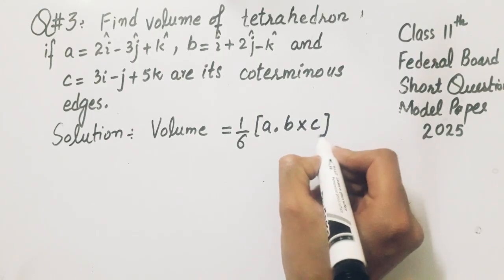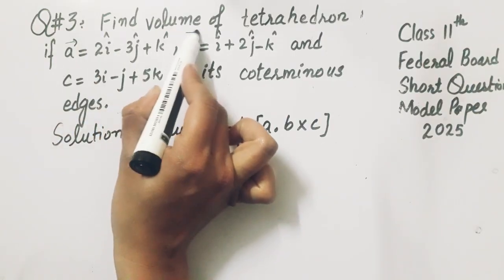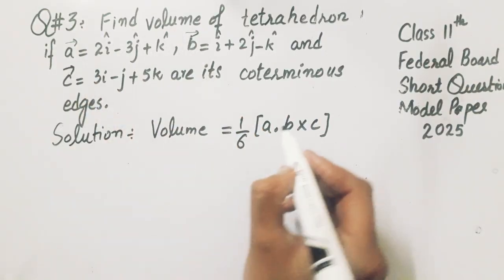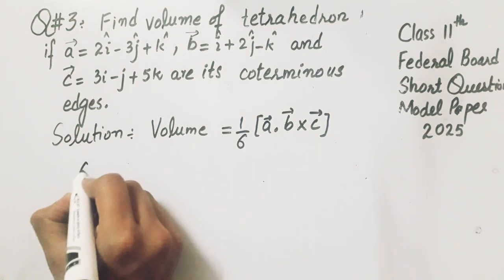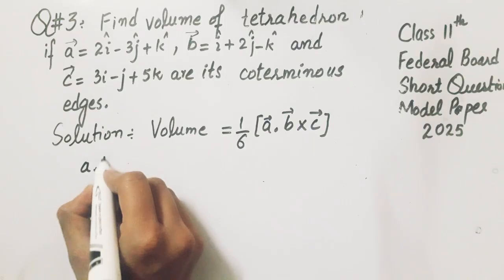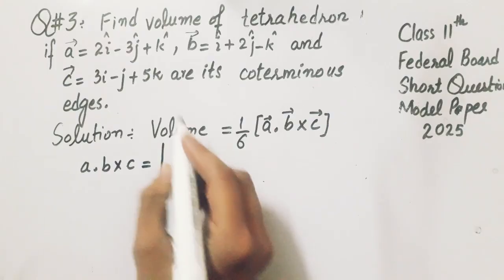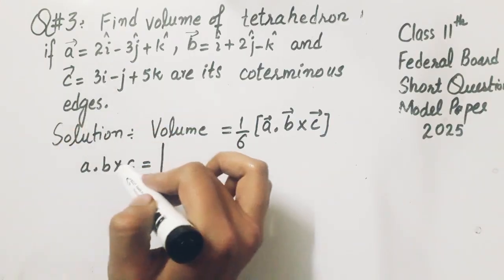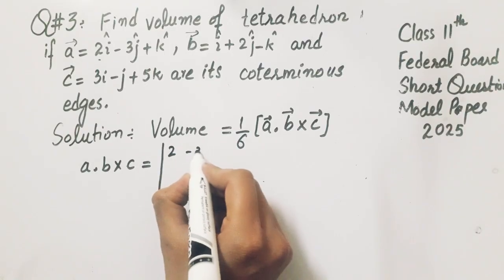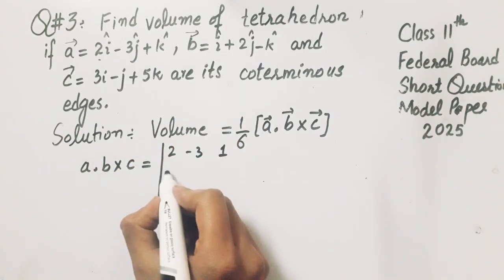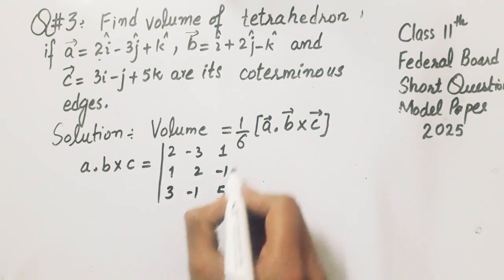Now we will find the value of this A dot B cross C, where three vectors are given A, B and C. We can easily find the value of this. This will be equal to A dot B cross C is equal to the determinant. We will write the constants of A in the first row, 2, minus 3 and 1, and then 1, 2 and minus 1 and 3, minus 1 and 5.